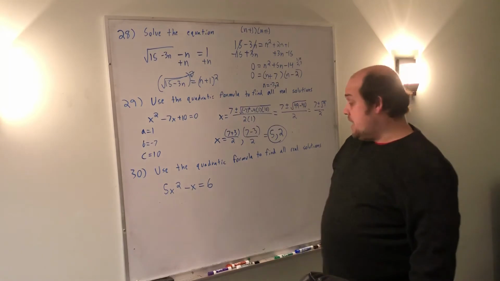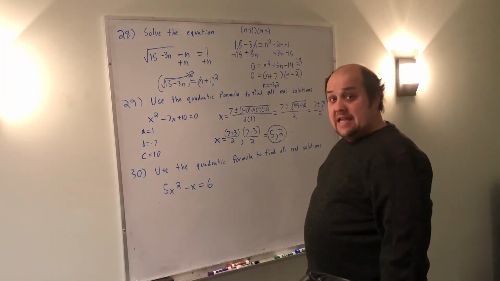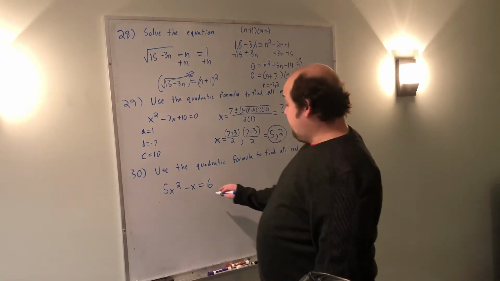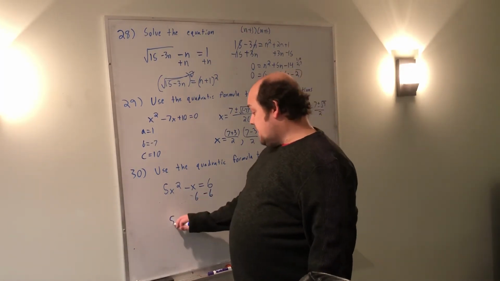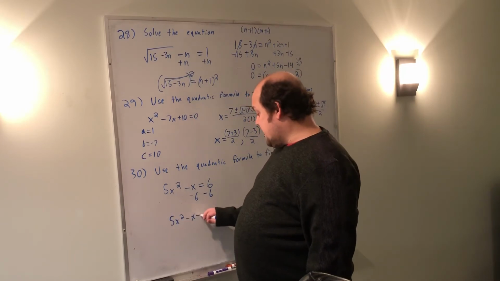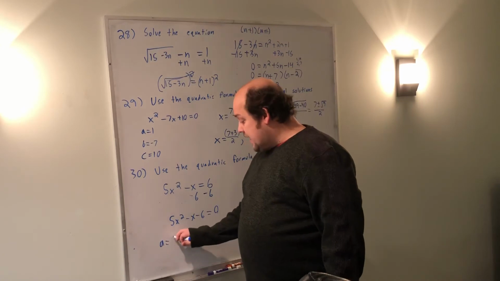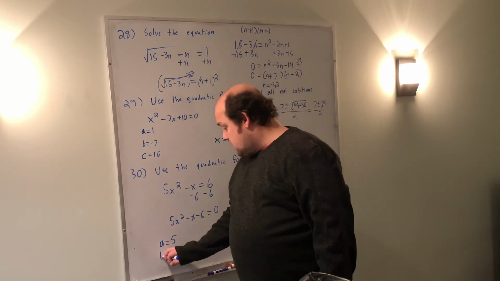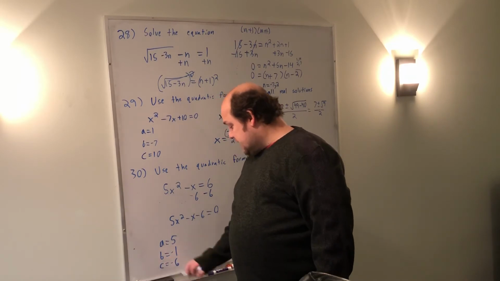For number 30, I don't have this in the proper form yet to be able to pull out a, b, and c. It's not set equal to 0, so the first thing I need to do is subtract 6 from each side. That gives me 5x squared minus x minus 6 equals 0. Now I can pull out that a equals positive 5, b equals negative 1, and c equals negative 6.